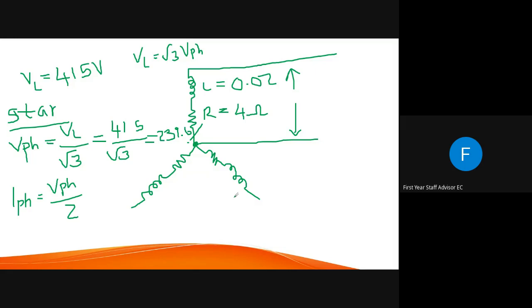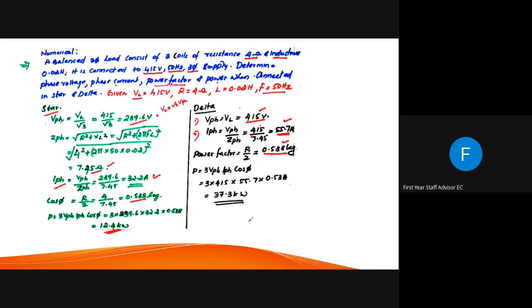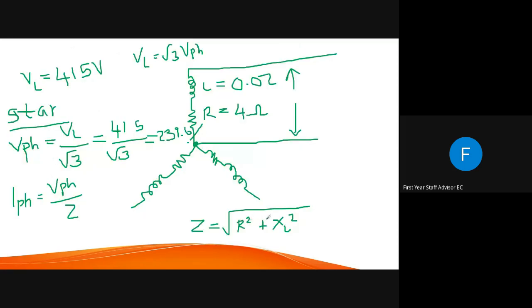Since R and L are there, it is an RL circuit. In an RL circuit, the value of impedance Z is equal to the square root of R square plus XL square.